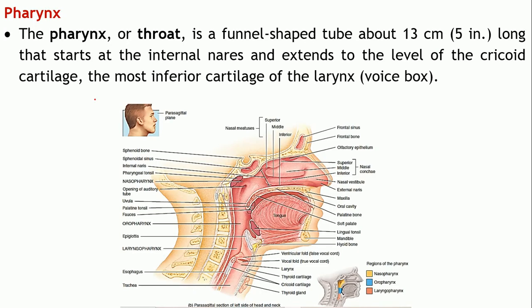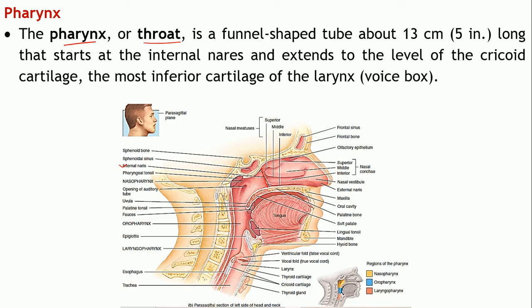Now this particular pharynx, it is also known as throat, as we have seen. If you can see the shape of this particular organ, it begins at this particular point. Now what is this point? As we have seen in the last lecture, that's the internal nares, that is the opening of the nasal cavity into the pharynx.